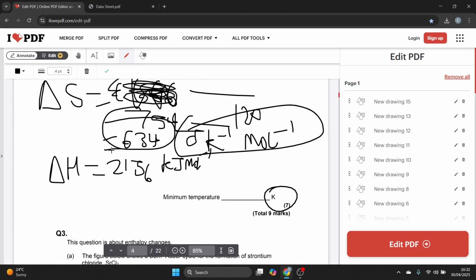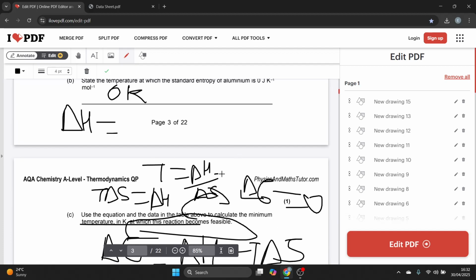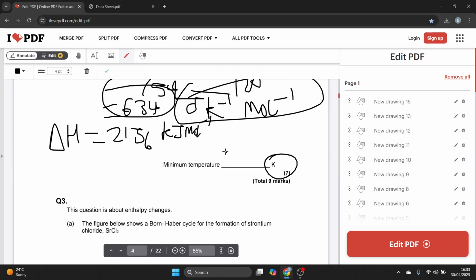I'm going to convert my delta S into kilojoules per Kelvin per mole. So it's going to be 2156 divided by 0.634. I get 3400 Kelvin. Very nice, 7 marks.